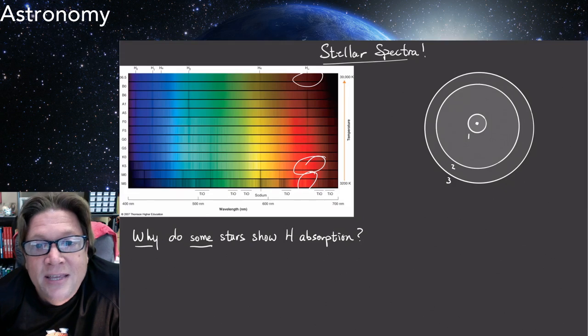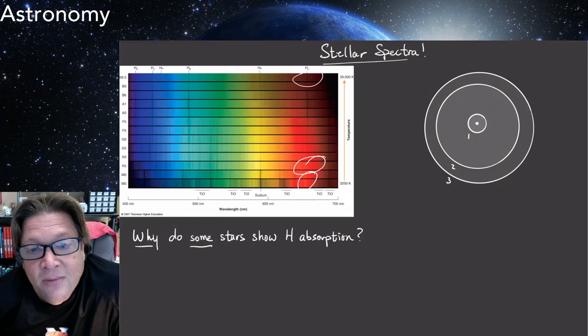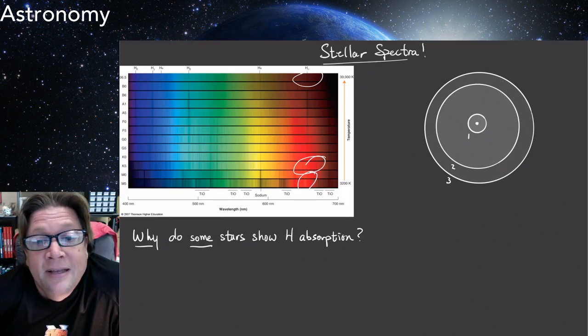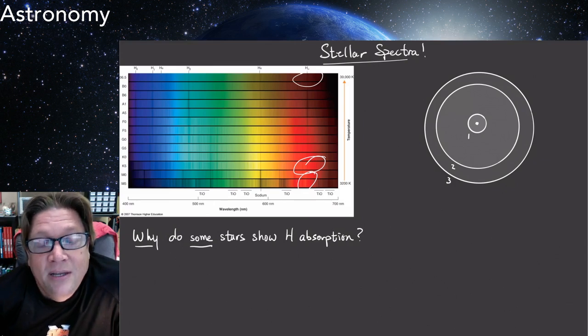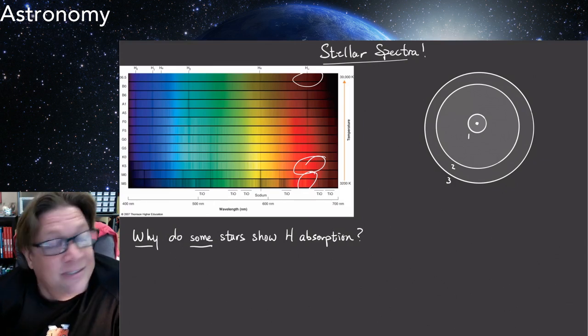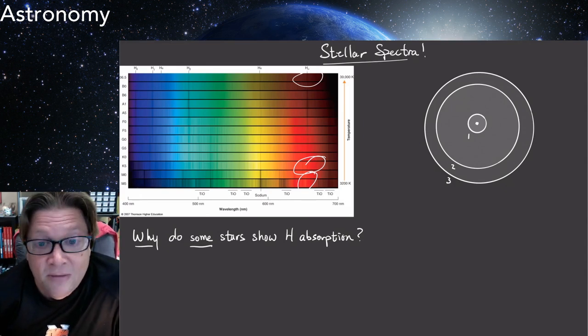It's hard to see that hydrogen alpha line, that red hydrogen line. It's hard to see it. And it's kind of not even there. So should we take away from that there's no hydrogen in this star? The answer is no. If we see a hydrogen line, that does mean that there's hydrogen there, no doubt about it. But if the line's not there, we can't say that it's not present. Only the conditions aren't right for it to be absorbed.